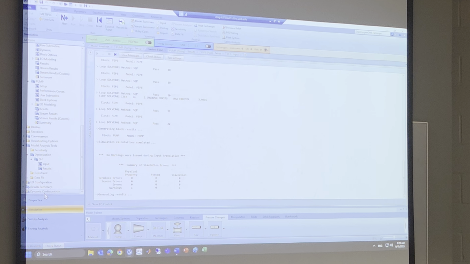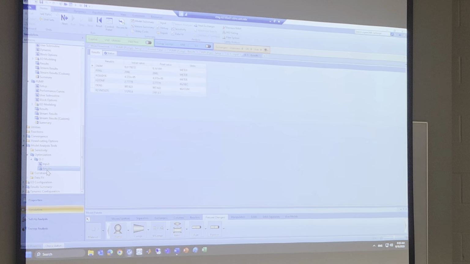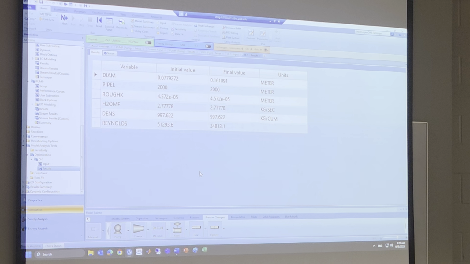I got no warning error. Let's check the optimization result. What we are looking at is the optimal inside diameter of the pipe. According to our design, about 6-inch piping is the best according to total cost.